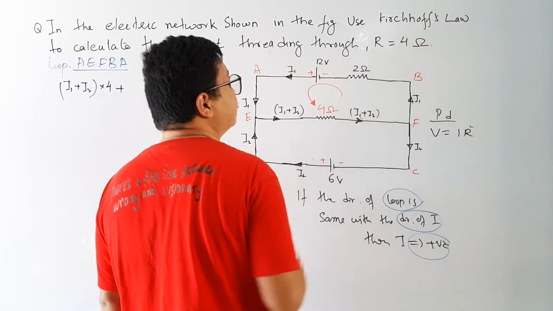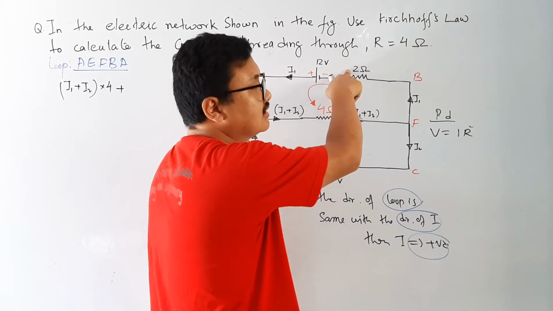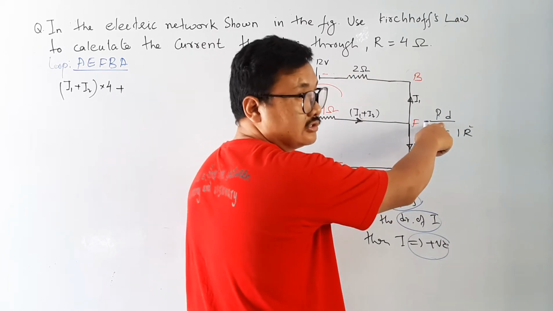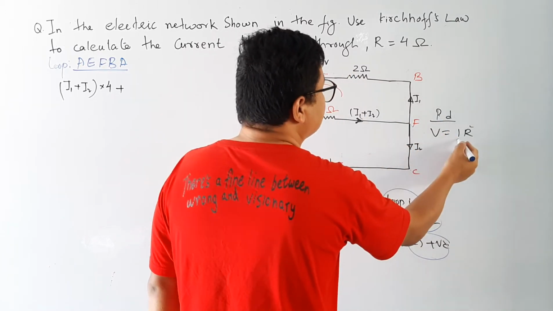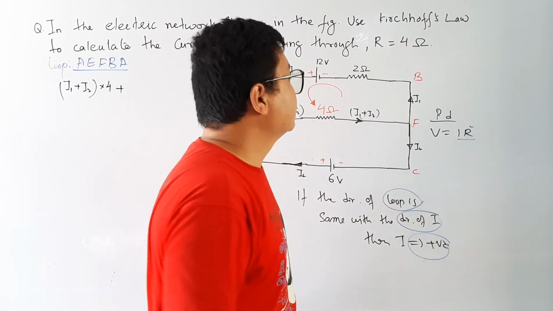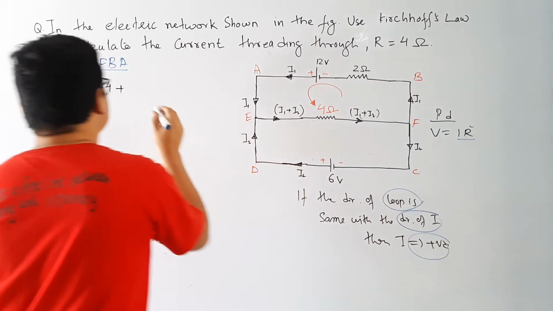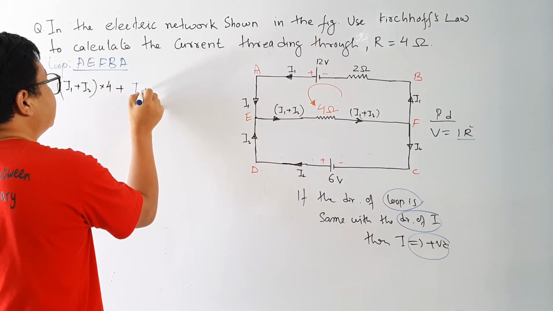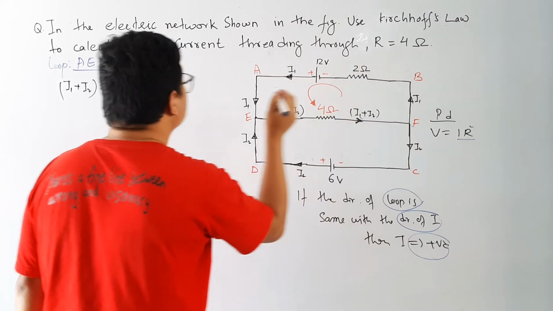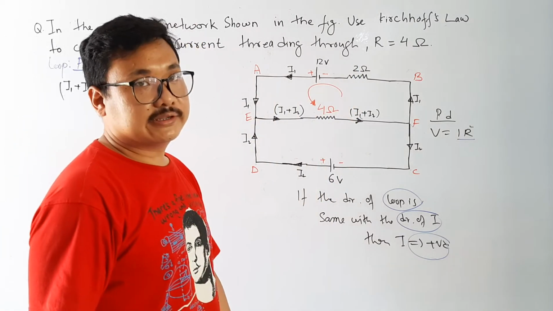Whenever I go from B to A, I find a 2 ohm resistance first. That is, there is a potential drop or voltage drop, with which the equation is V equal to IR. And how much is the current here? Current is I1. So here I will write I1 into R, which is my 2 ohm, so that is 2. And again I have to see the sign convention.